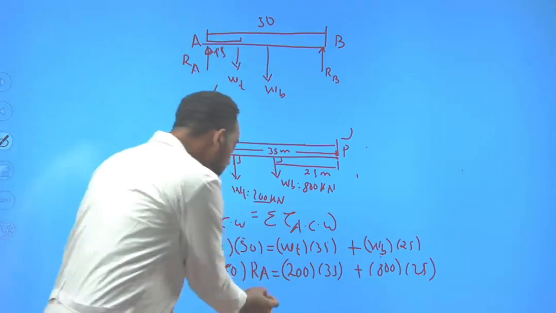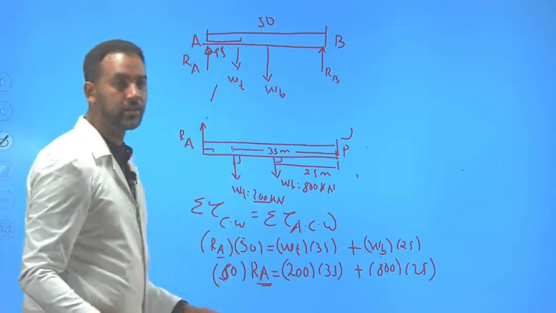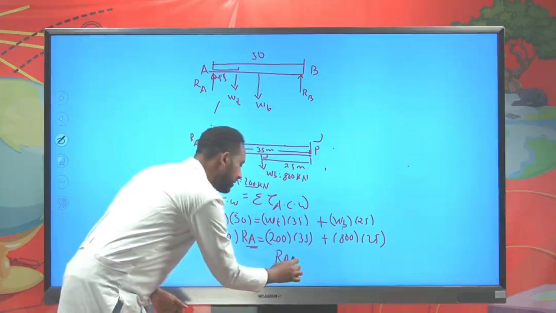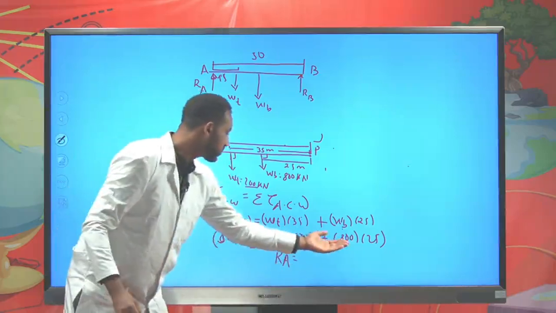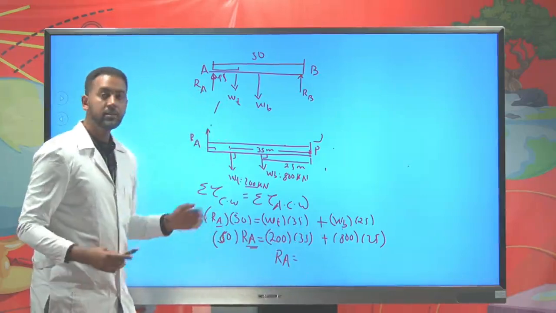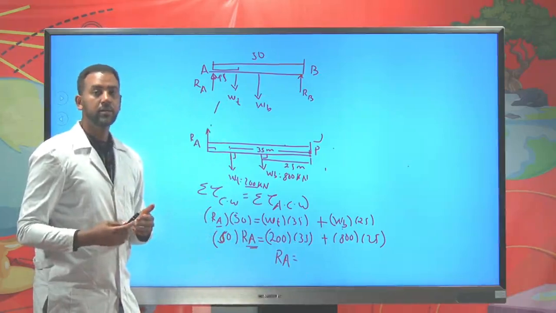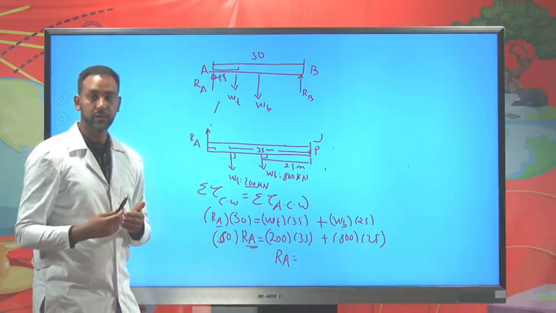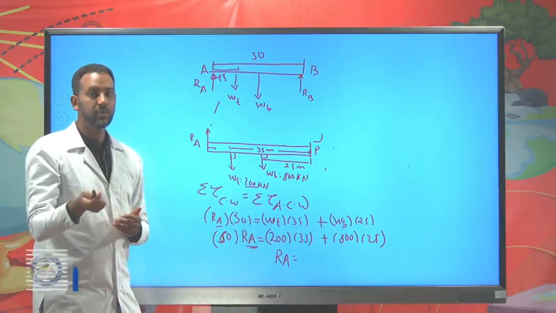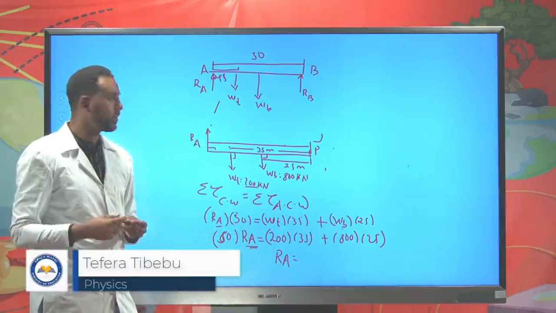So the only quantity that we didn't know is the reaction at point A. We can determine it by multiplying these two, adding, and dividing by 50. This is what we do if you are trying to determine the reaction at point A: you just use point B as your pivotal point.